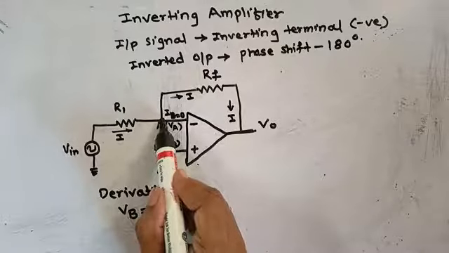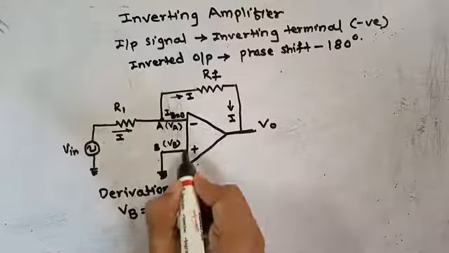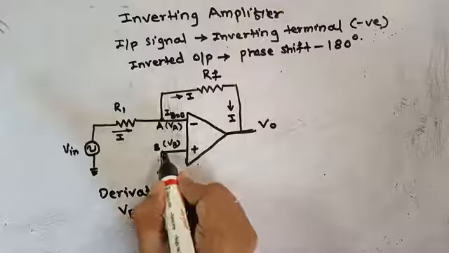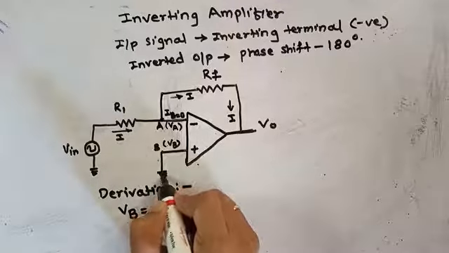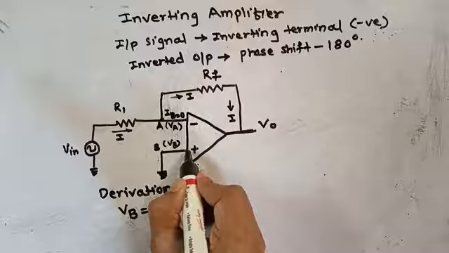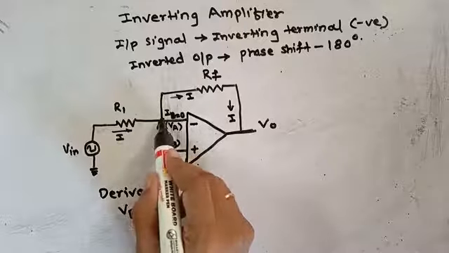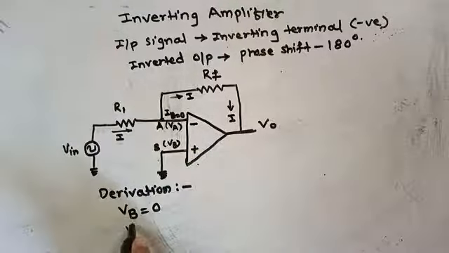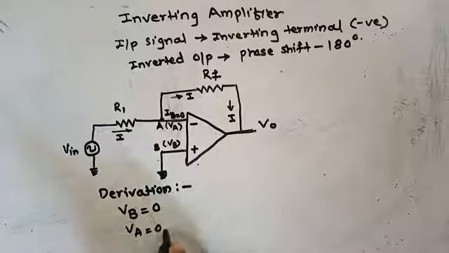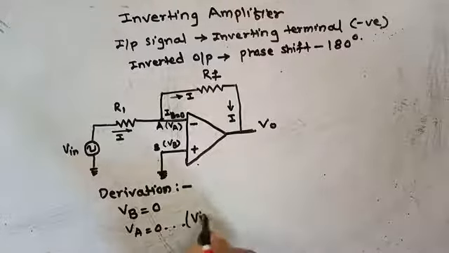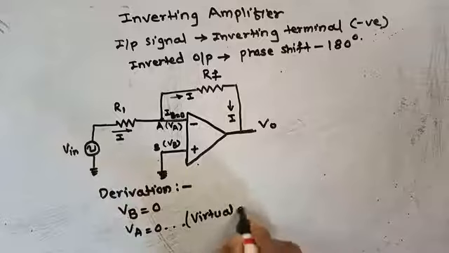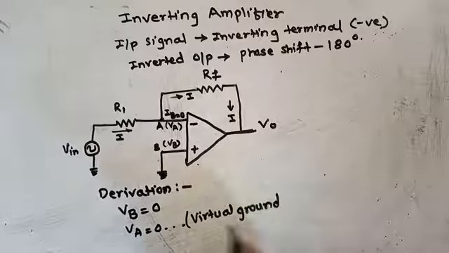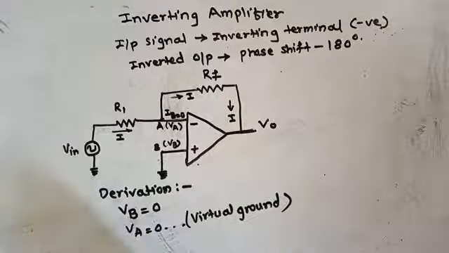Already we have discussed the virtual ground concept. One terminal is connected to the ground, and the second is virtually connected to the ground. So VA is 0 due to the virtual ground concept.